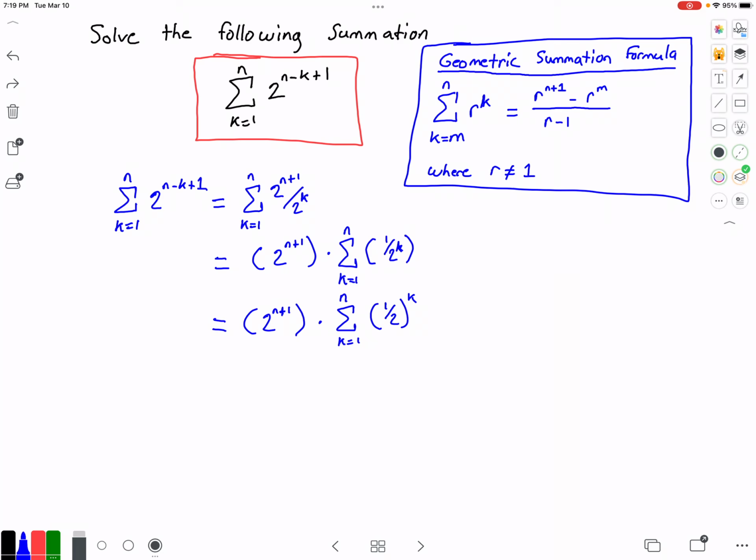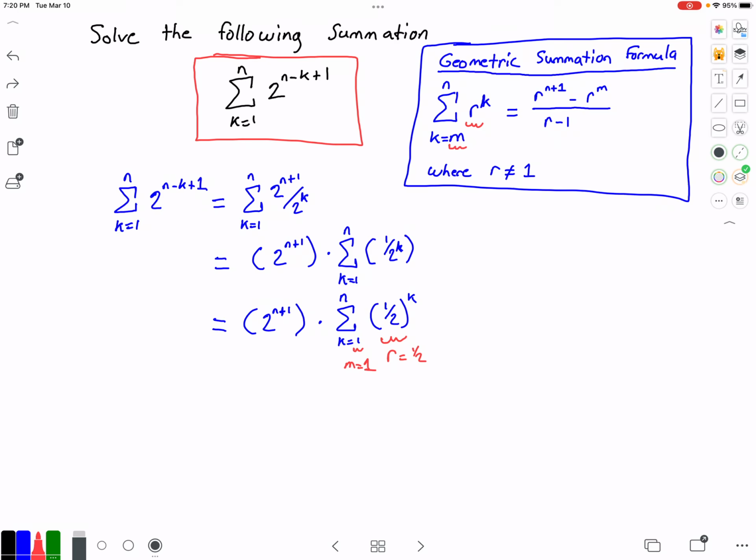Now I can use that summation formula up top to continue solving this summation. Let me use maybe the red color. In this case, our r value is equal to 1/2. That's our r from the summation. Our m value equals 1. Anything else that we need? No, it looks like everything else is the same.